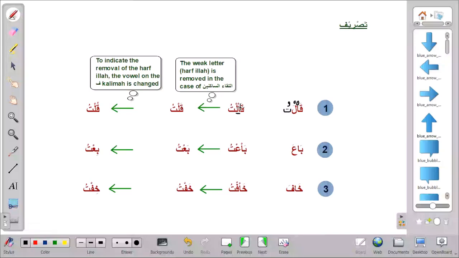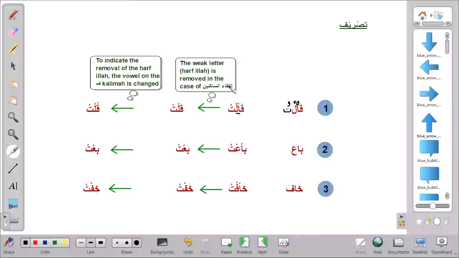So what we simply do, we remove the weak letter. The weak letter will be the harf al-illa. That is clear. We remove the harf al-illa. So that's what we see here. For us to proceed, the weak letter, that's the harf al-illa, is removed in the case of iltiqa as-sakinain.